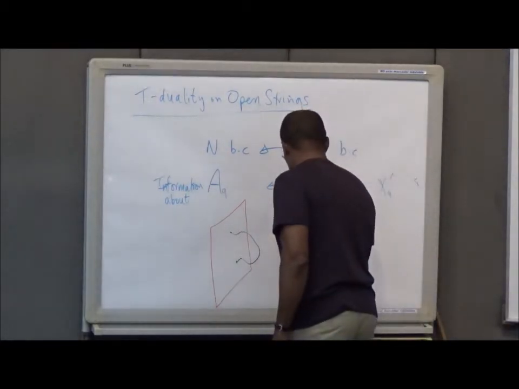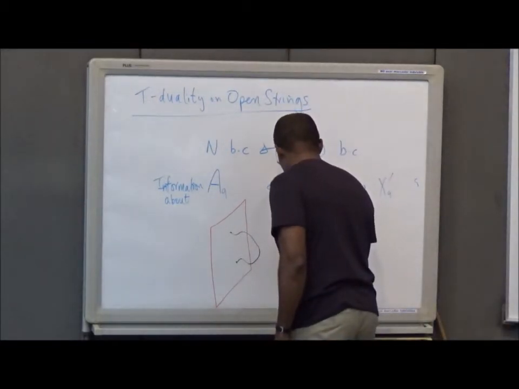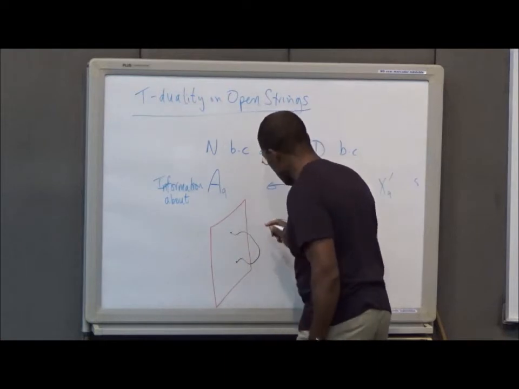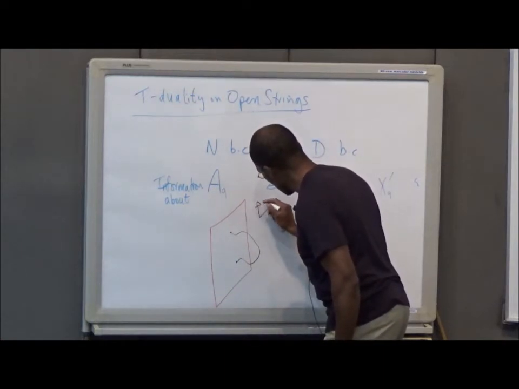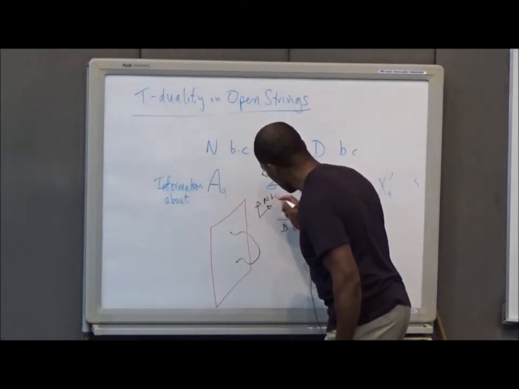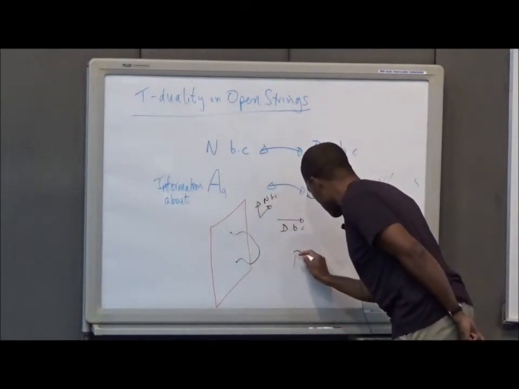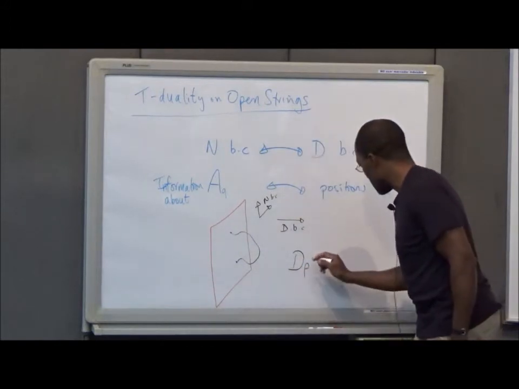So these directions are the Dirichlet boundary conditions, and then the directions that are, if you like, in the world volume have Neumann boundary conditions. And so then I end up with the idea that I have a Dp-brane where p is some integer.